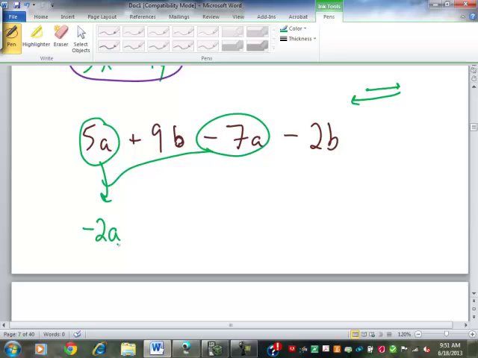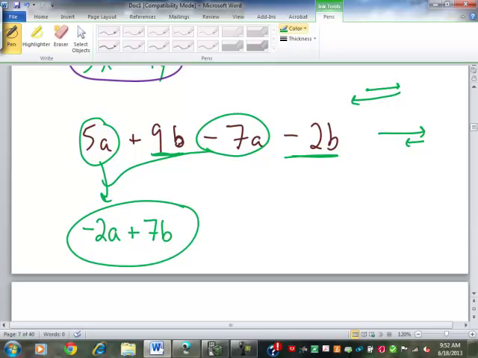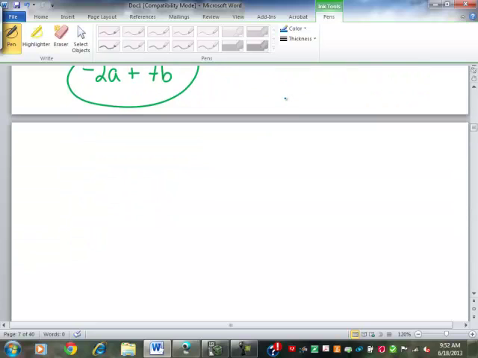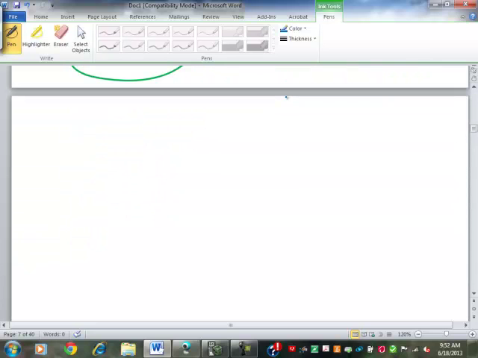Then we have to combine the b's, 9b and negative 2. So 9 and negative 2 make positive 7b. And since that's positive, we'll put a plus in front of it. So we have negative 2a and plus 7b. We can work with numbers bigger than just single digits like this.